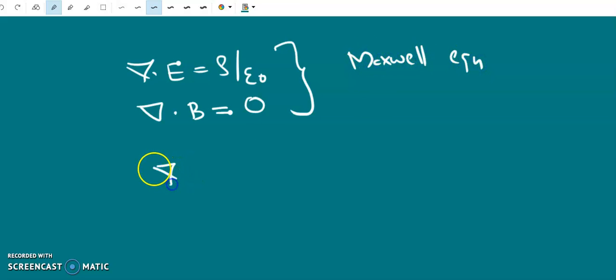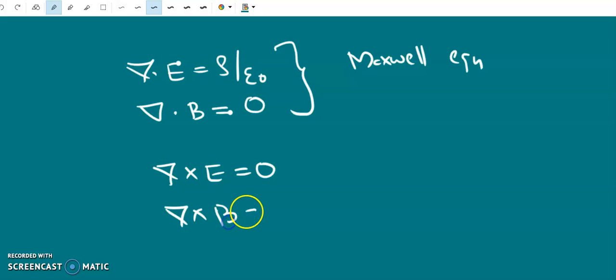But del cross E is 0 for the static case, and del cross B is equal to mu 0 J for the static case, and these equations are not the same for the dynamic case. So we can get other equations for the curl of the electric and magnetic field for the dynamic case in the next class. Okay, thank you.